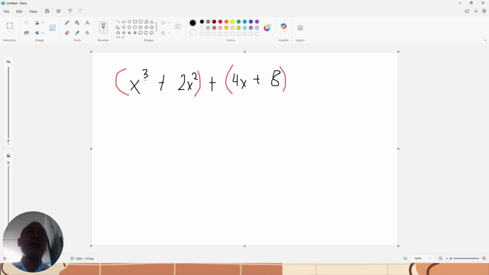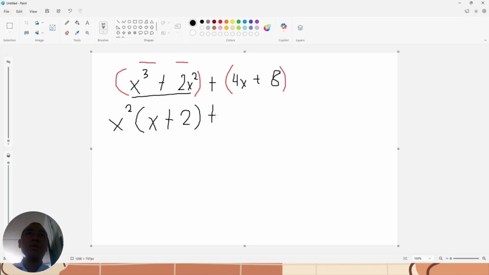Now, your next step is to find the common factor between these two, and that is x squared. Once you find the common factor, you divide it with these two right here. So x cubed divided by x squared will leave you with x, plus 2x squared divided by x squared, which will leave you with 2.